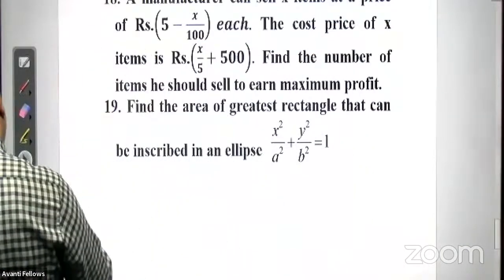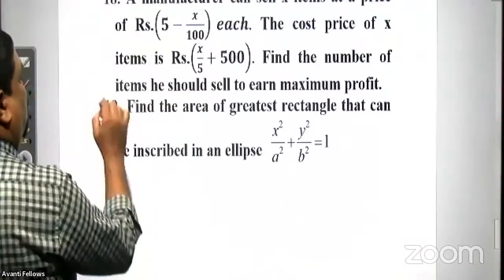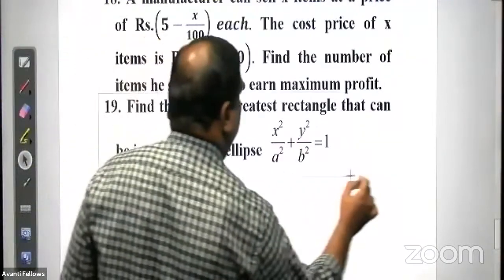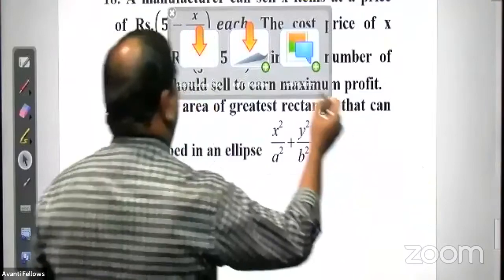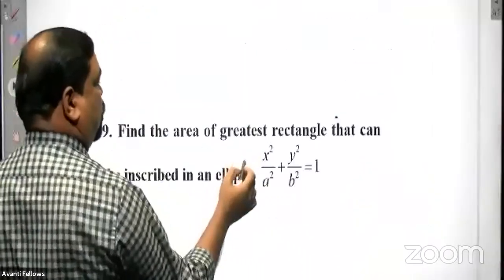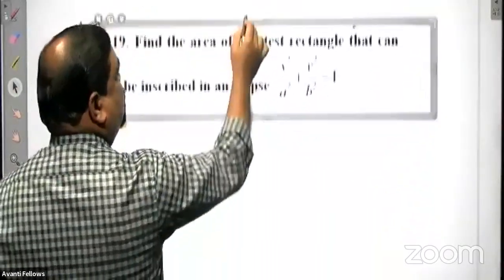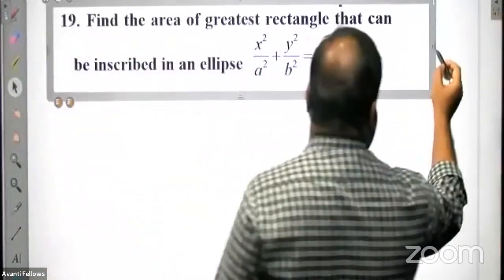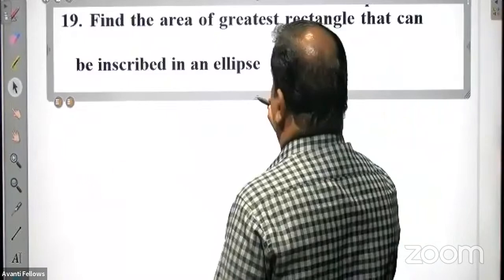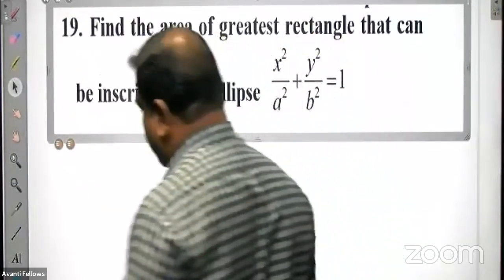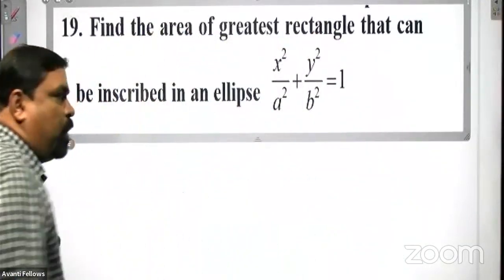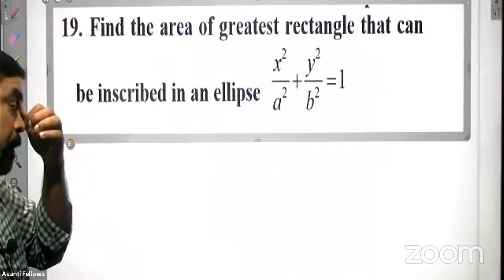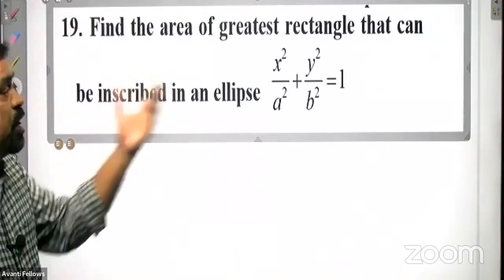Now we'll take one more problem and we will wind up this application of derivatives, okay? This also can be asked as a case study problem. I think last year in some sample paper this question was there.